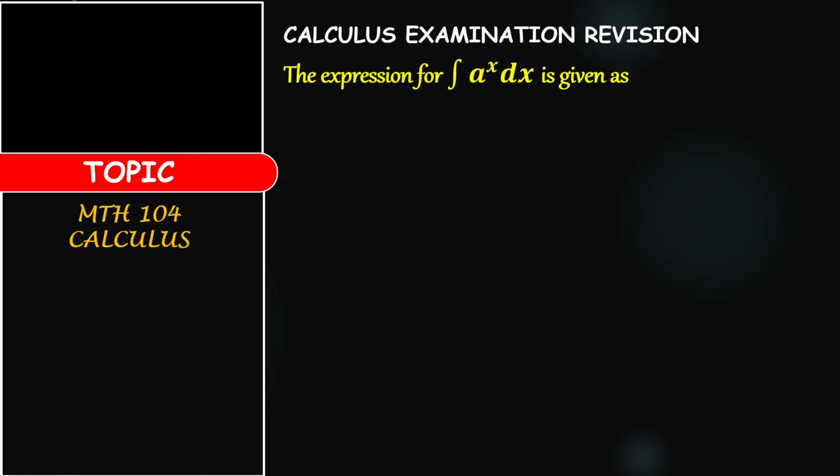Very simple, right? Now in the exam, whenever you see something like this, the correct answer is a^x divided by ln a, or let's say a raised to the power of x divided by natural log of what? a, plus c.